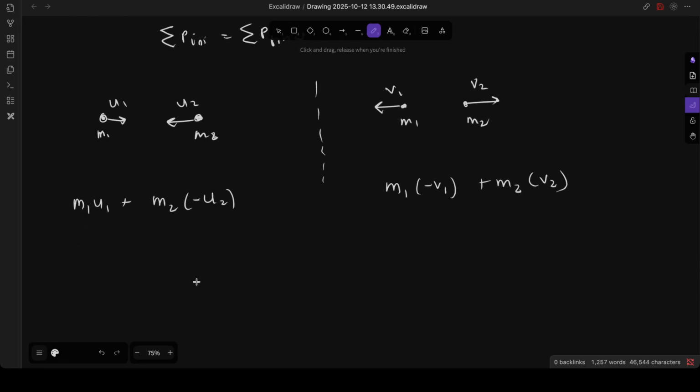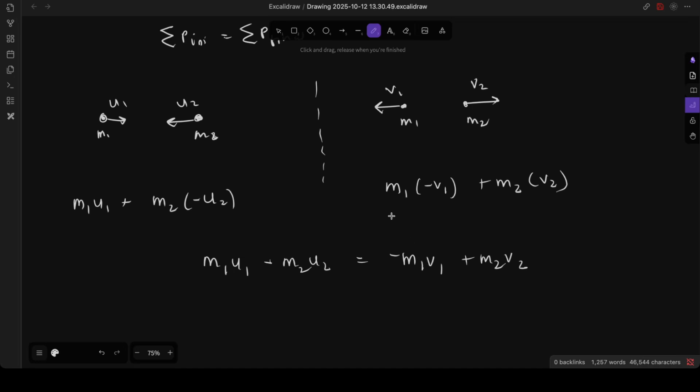My principle of conservation of momentum says that these two sums, initial, that is before collision, and final, that is after collision, should be the same. That means m1 u1 minus m2 u2 should be equal to negative m1 v1 plus m2 v2. As simple as that. Now you can figure out u1, u2, m1, m2, whatever is unknown from this equation.